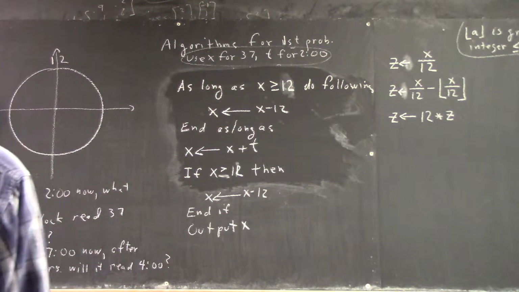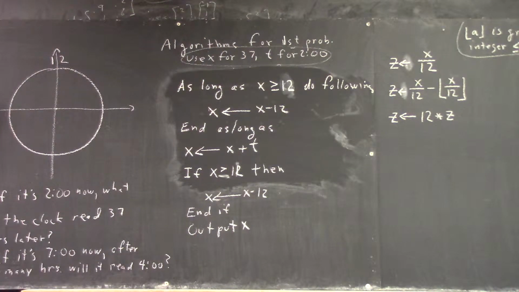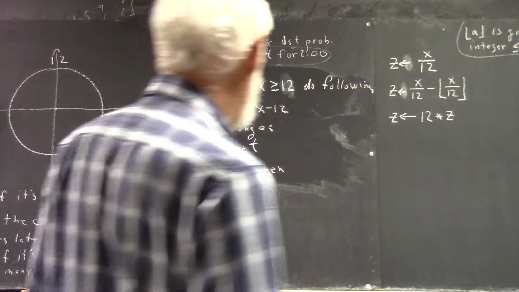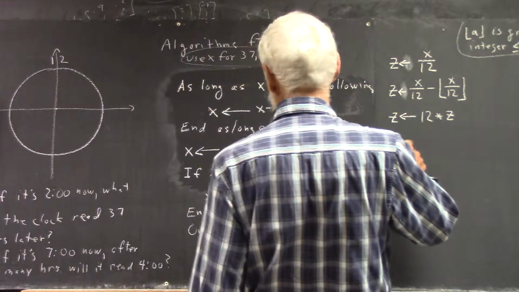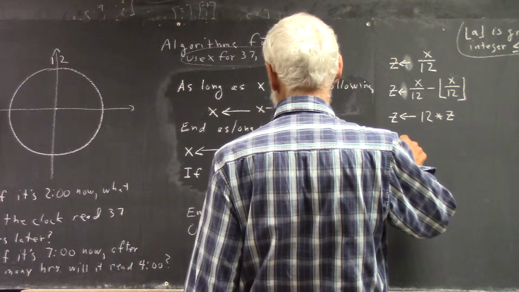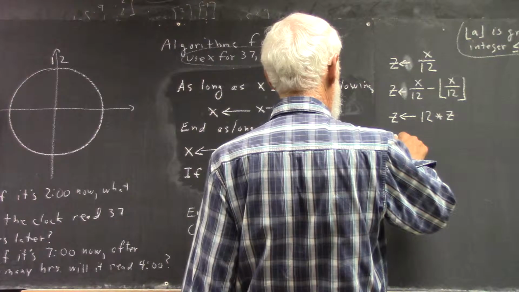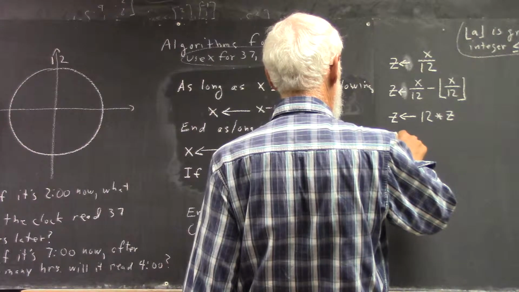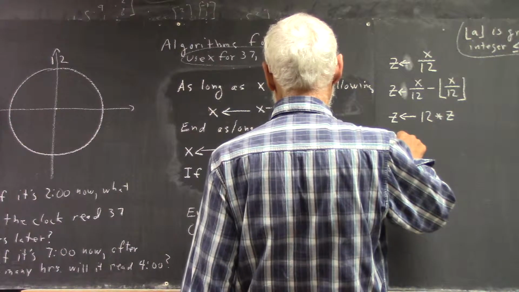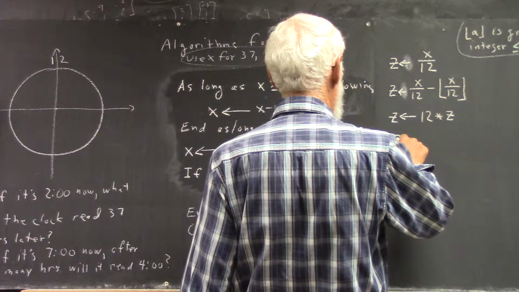Then I replace z by 12 times that. And then I'll go ahead and use z.